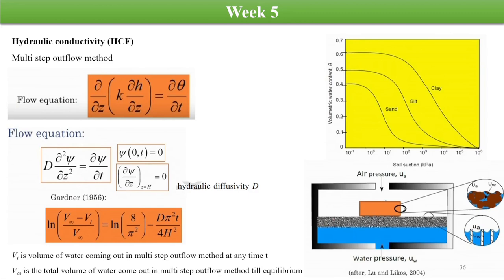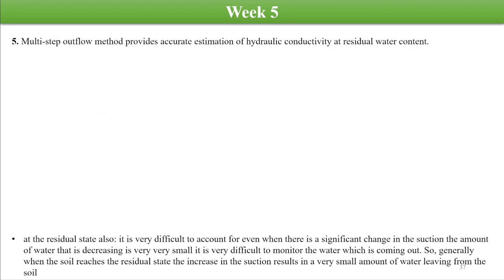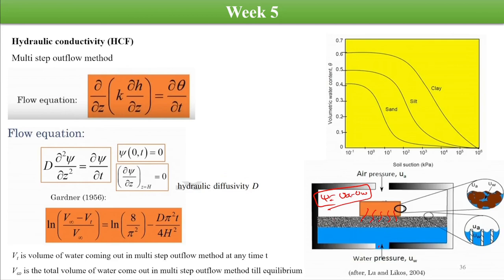It is when the matric suction is very high, we cannot take any further water out from the sample. So at the residual water content, even the matric suction which we are managing here, that is ua minus uw, if it is very high, we have taken all the water out from this sample. Okay, now we are at the residual water content condition.